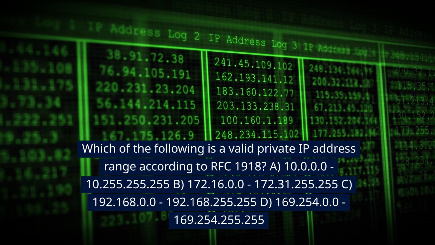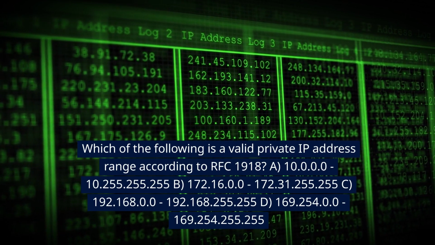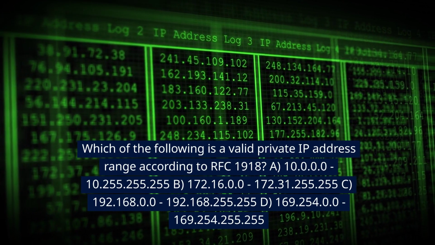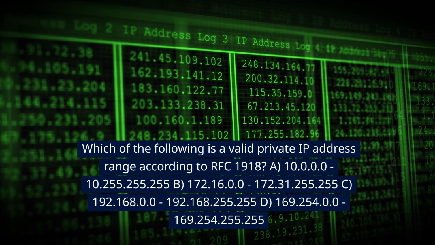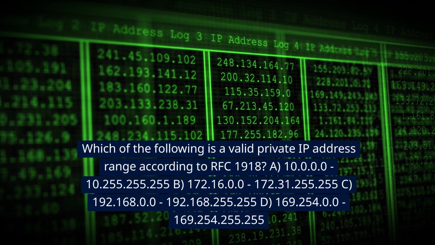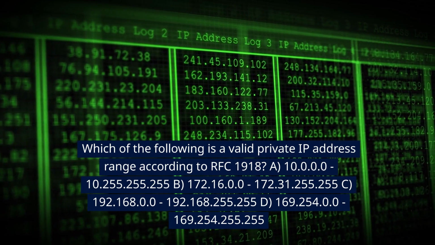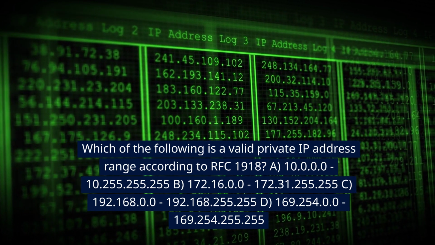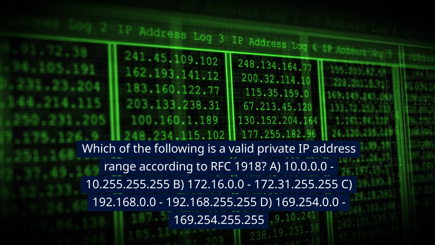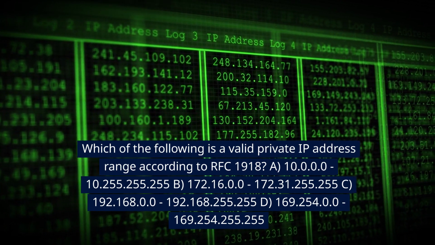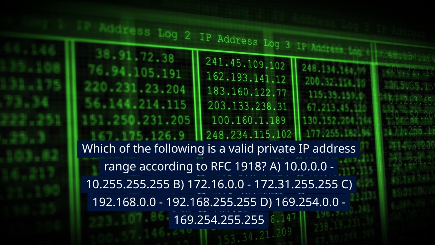Which of the following is a valid private IP address range according to RFC 1918? A. 10.0.0.0 to 10.255.255.255. B. 172.16.0.0 to 172.31.255.255.